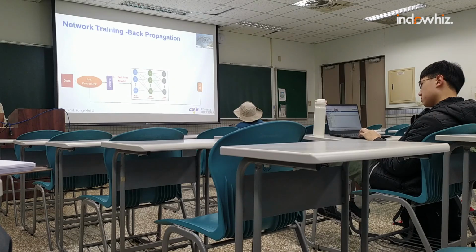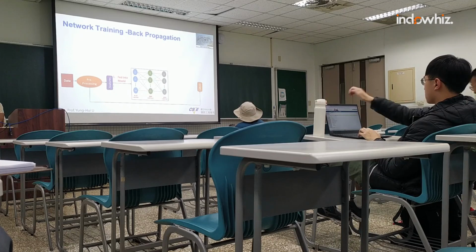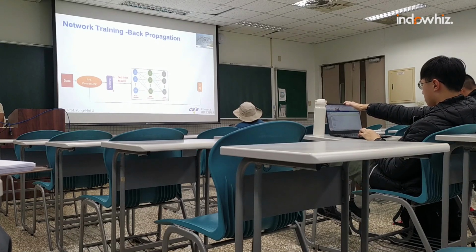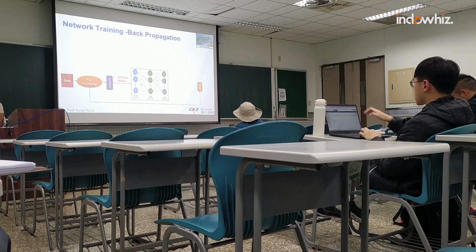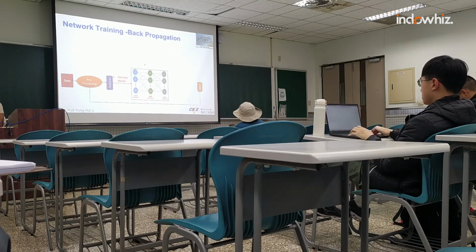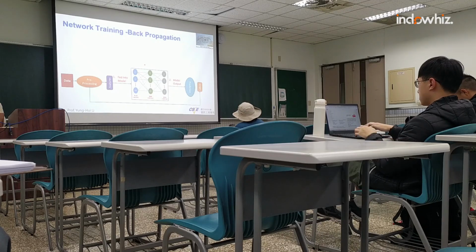Then you will transform your image into features, or maybe not, it depends on your problem. Then fit your image into the deep learning model, and you will get the model output, which is the prediction.